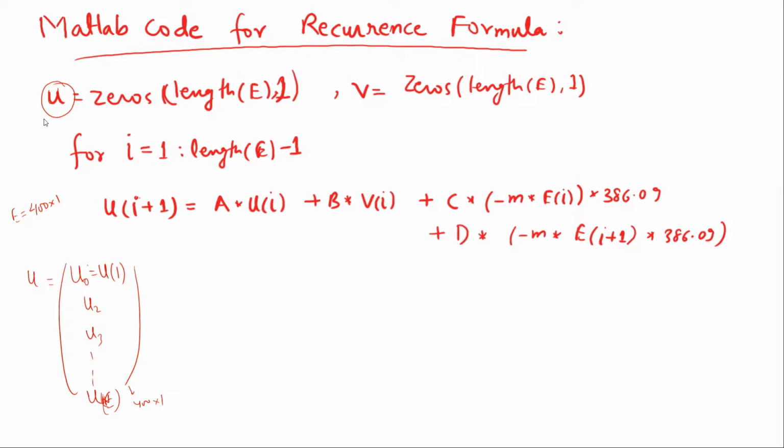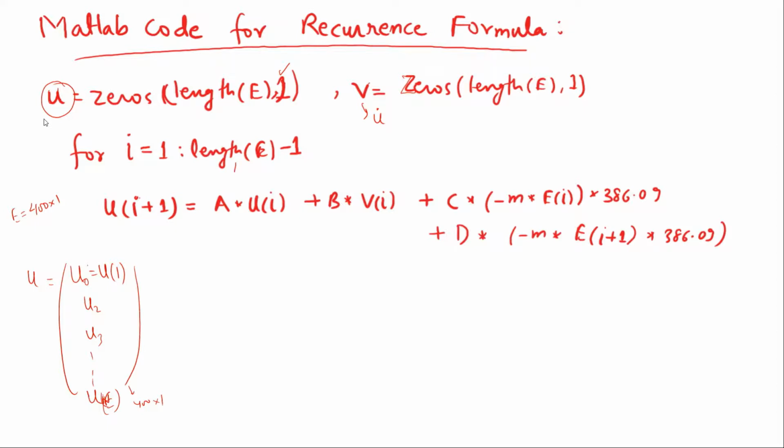So u is nothing but an empty vector that we make, that is zeros of length of e comma 1. The 1 is the one column we want, that is a column vector. Similarly, v is the velocity, that is u dot, and we will store data here. We will make an empty matrix here, zeros of length of e comma 1, and we will run the loop for i equals 1 to length of e minus 1.